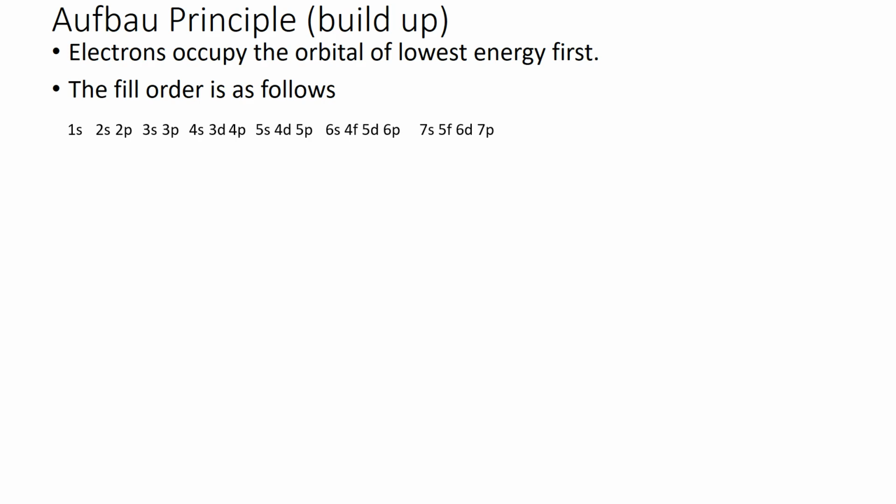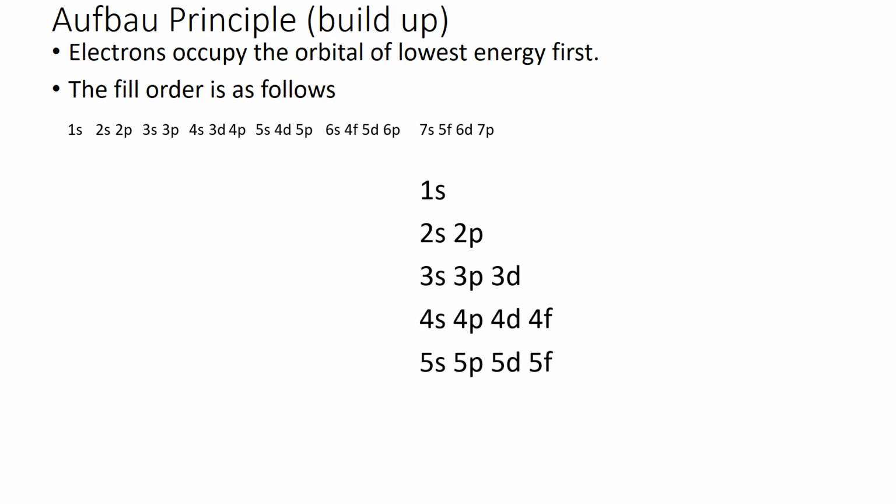Another way to look at this, and the way a lot of textbooks teach the fill order, is to create a chart like this. The reason I don't like this one is because you have to write this chart every single time. The way it says to do this is, as we're filling electrons, we start from the upper right and draw an arrow down to the bottom left, which is great in theory, but it confuses me, so I don't use this method.